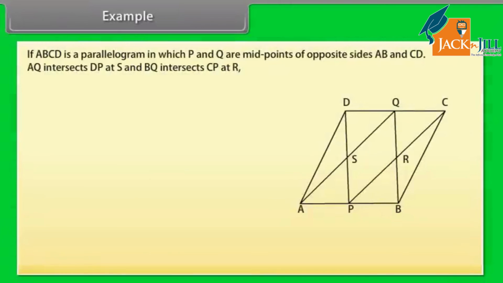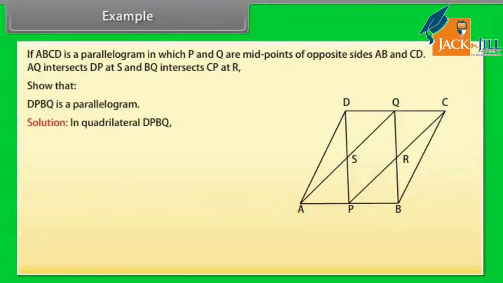Example: if ABCD is a parallelogram in which P and Q are midpoints of opposite sides AB and CD, AQ intersects DP at S and BQ intersects CP at R, show that DPBQ is a parallelogram. Solution: in quadrilateral DPBQ, DQ is parallel to PB since DC is parallel to AB.